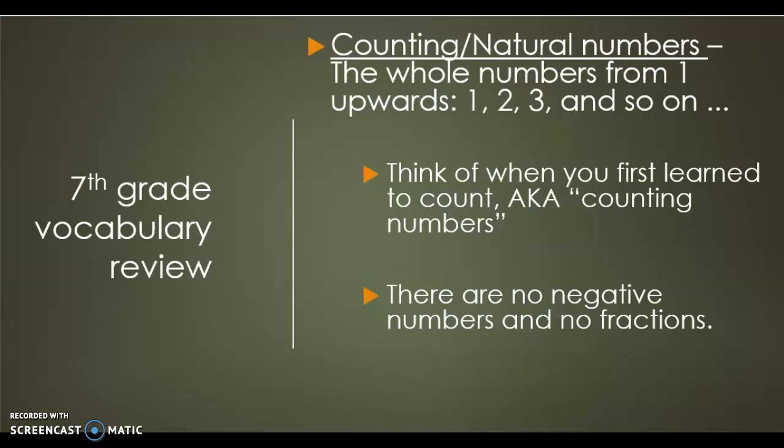They don't get that until later on in elementary, basically. So think of when they first learn to count, when they're counting on their fingers, the counting numbers or natural numbers, you naturally start with 1. You have 1 finger, then 2 fingers, then 3, then 4, then 5 fingers. And remember, there are no negative numbers and no fractions when it comes to the counting numbers also.